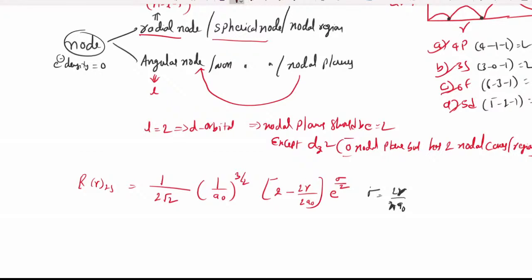So students, I will prove why radial nodes are called spherical nodes.